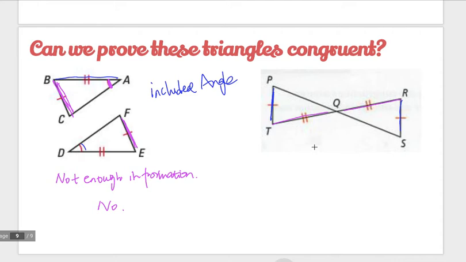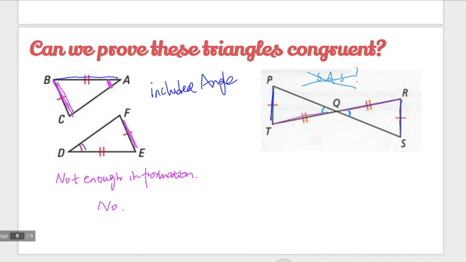And some student might say, hold on, I know we have congruent angles because they are vertical angles. If you have come to this conclusion, then congratulations, your observation is correct. We do have vertical angles, but my question is, can I use SAS to prove it? Again, if you think very carefully, now you probably know, no, we can't. Why? Because this angle is not included.